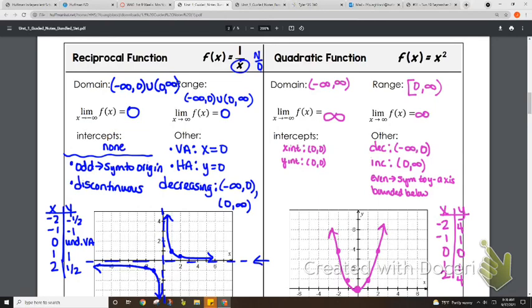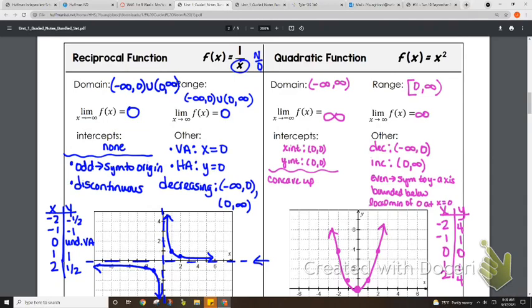Let's see, no local extrema. Well, we do have a local extrema. We have a local minimum, or relative minimum, of 0 at x equals 0. We can also see, they didn't really ask on it, but this graph is concave up because it opens upwards.